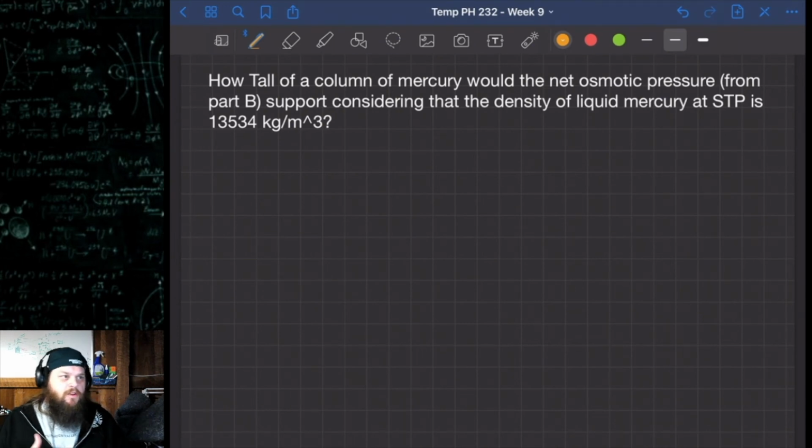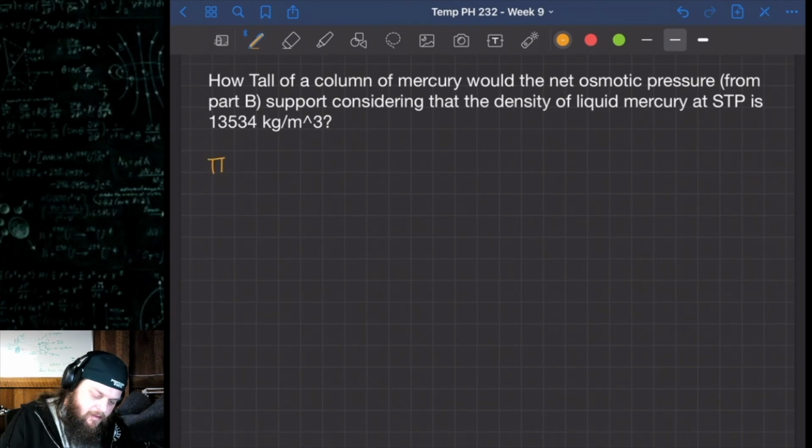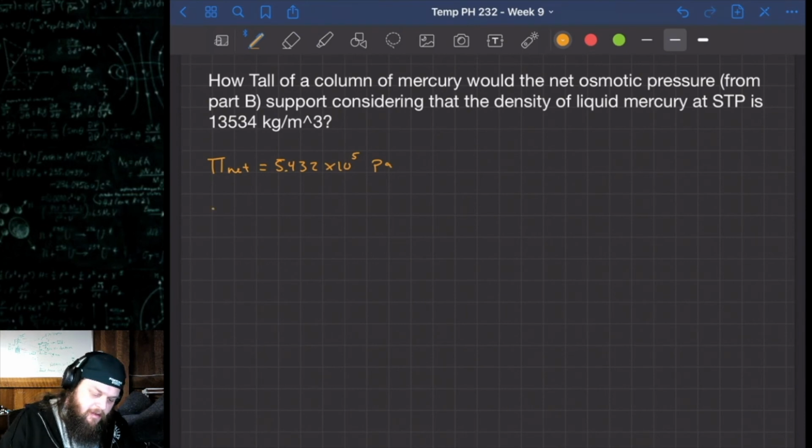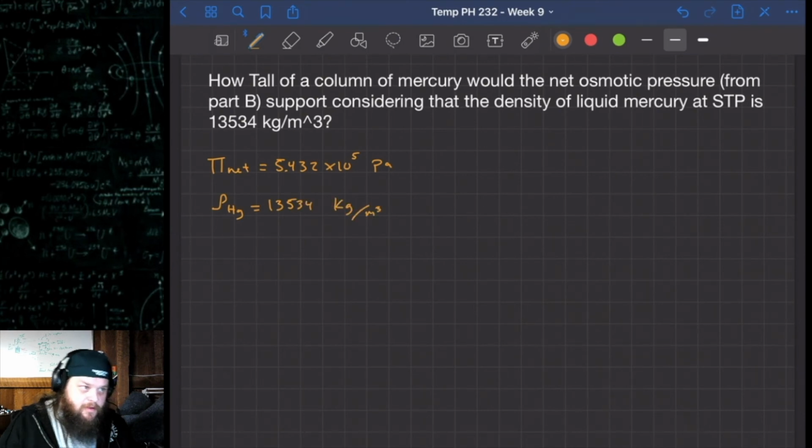So we can use the net osmotic pressure, 5.432 times 10 to the 5 pascals, the density of mercury, 13,534 kilograms per meters cubed, and gravity, 9.8 meters per second squared.